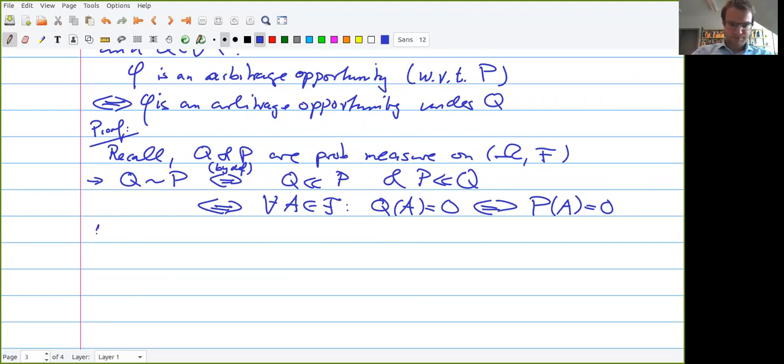And now let us recall the definition of arbitrage opportunity. If we have a trading strategy, we have to assume it's of course self-financing. This is part of the definition.